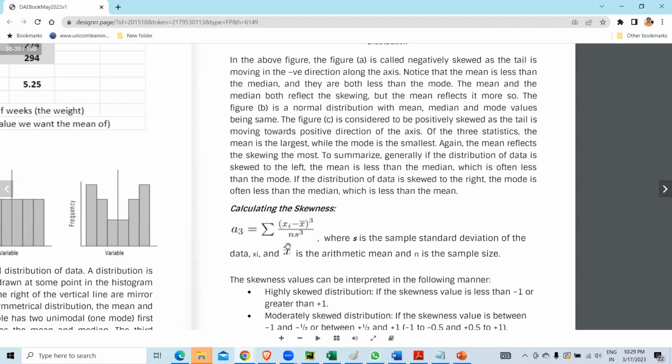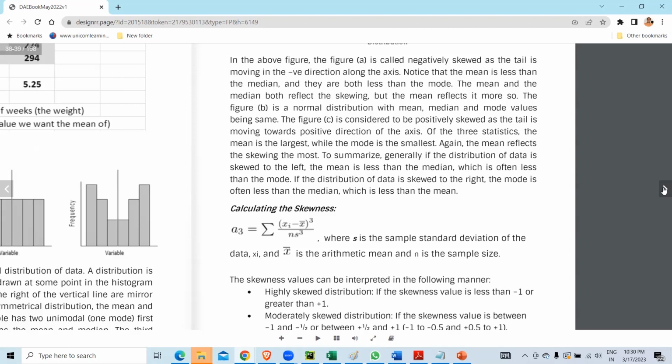This is how you calculate your skewness. If skewness is more than zero, we say positively skewed. If skewness is less than zero, we say negatively skewed. Positively skewed means the tail is going on the positive x side. Negatively skewed means the tail is going on the negative x-axis.